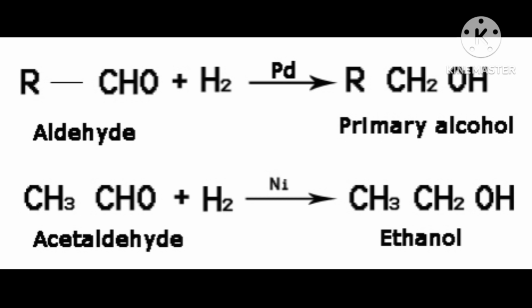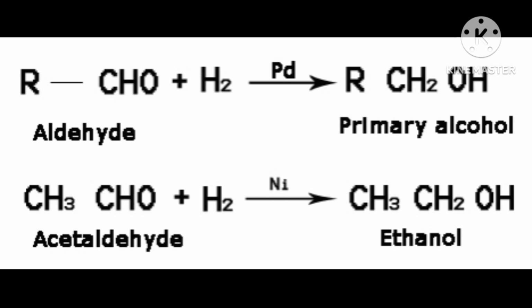Carbon has 4 valency: C double bond O, one is left for the alkyl group and the other is H. In ketone also the C double bond O group is there and 2 valencies remain, for alkyl or aryl groups.